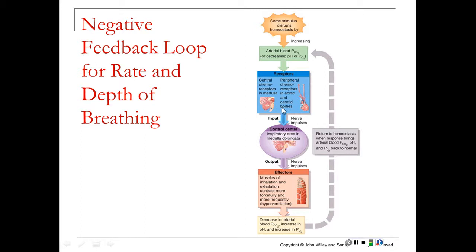That's going to send nerve impulses to our inspiratory area of our medulla oblongata. That's going to send motor impulses down to our muscles for inhalation to get us to inhale more, bring more oxygen into our body. That's going to bring in a decrease of arterial partial pressure of carbon dioxide, an increase of pH, an increase of partial pressure of oxygen, ultimately to get us back to homeostasis where everything's back to normal.